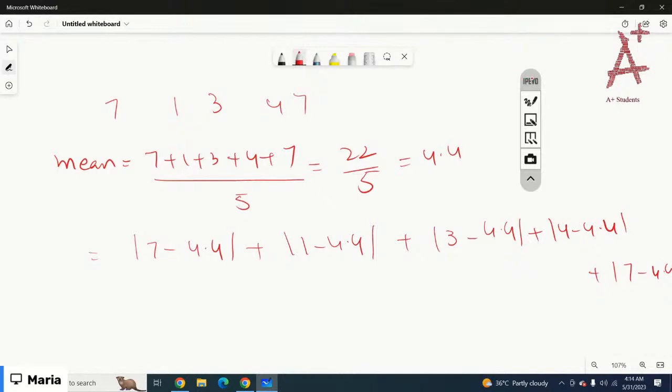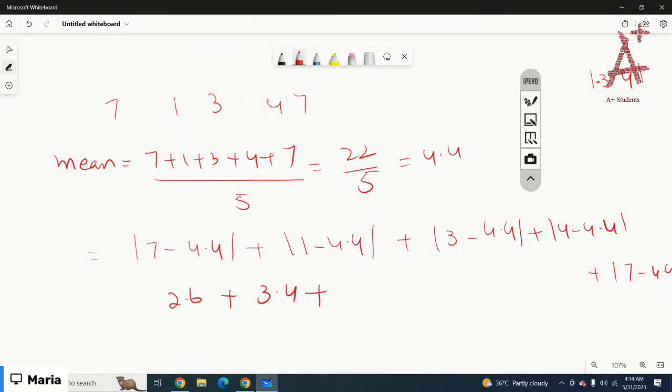Okay, 7 minus 4.4 is 2.6. Okay, 1 minus 4.4, that would be a negative 3.4 value. Whenever you have the absolute value sign, that means all the values must stay positive. So it would be like 3.4.